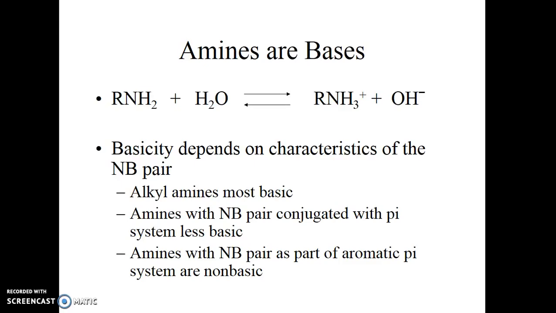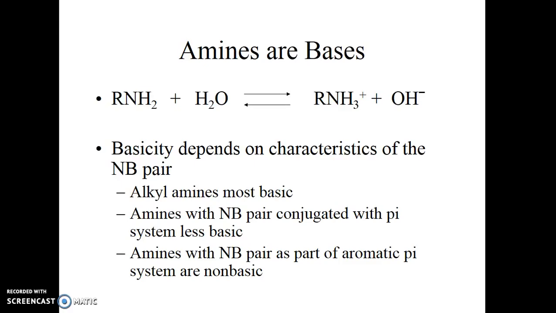Anytime you have a pi system that is conjugated with the non-bonding pair of the amine, you're going to have that non-bonding pair in a resonance structure with the pi system, and so it's less available for protonation, so it's less basic.